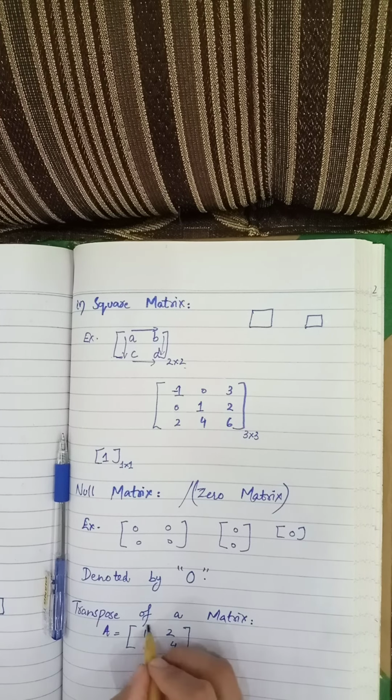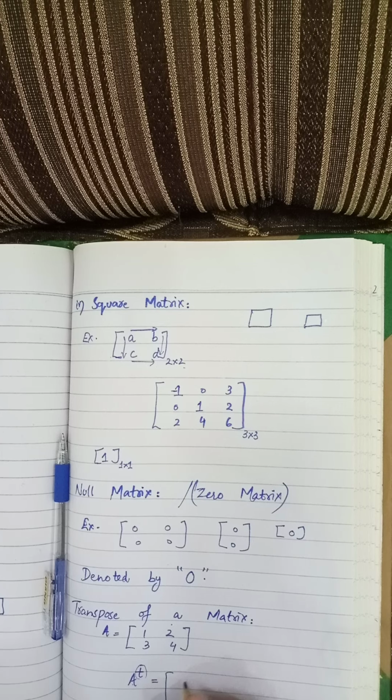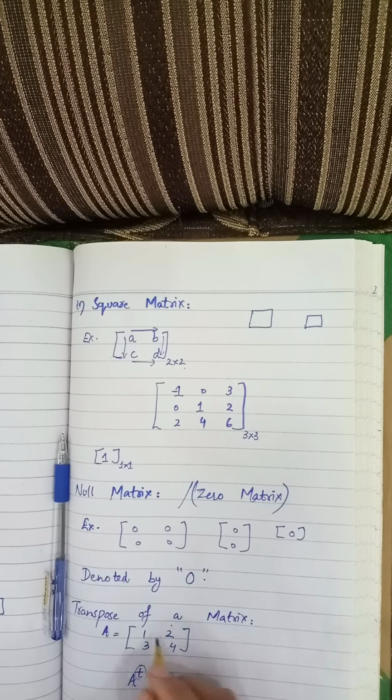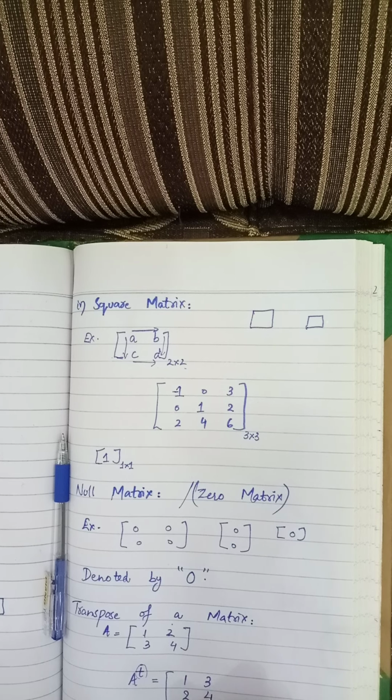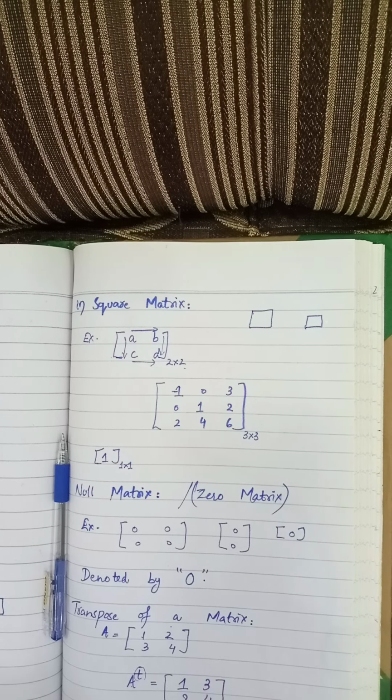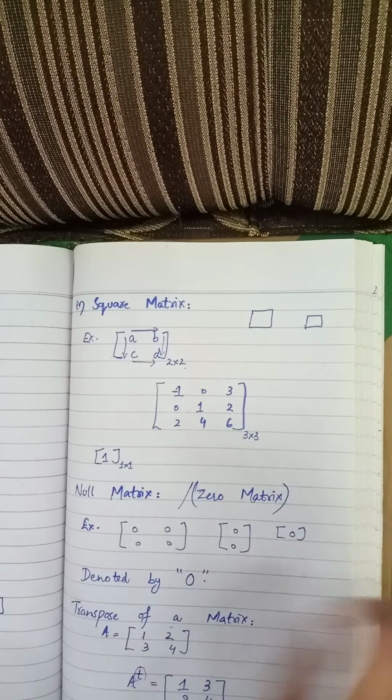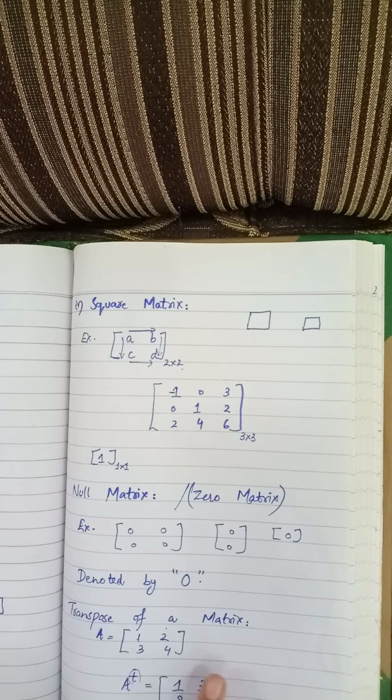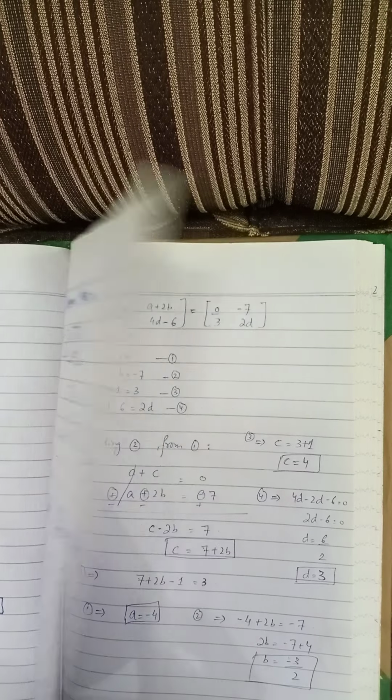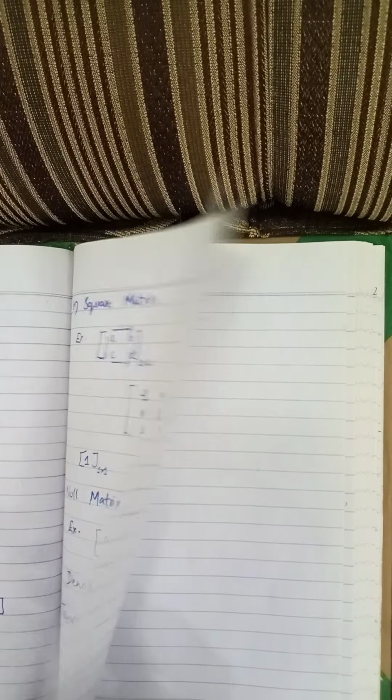We will change the first row into a column. 1, 2, 1, 2, 3, 4. This is basically the transpose of a matrix. For instance, we can take another example.